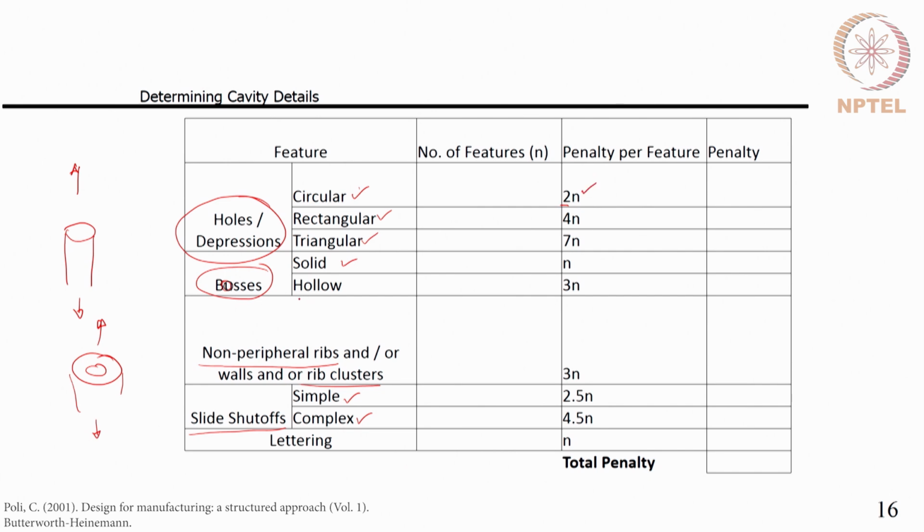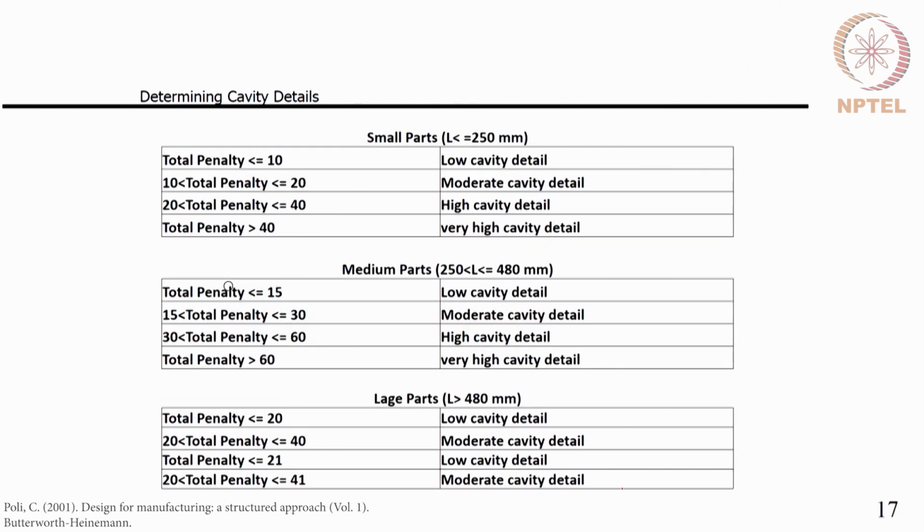But if I have a hollow boss, then it is 3 times the number of such features, and if I have to make a triangular hole, then it is 7 times the number of such holes. Like this I compute the penalty associated with each feature and sum this up to get my total penalty. This penalty value is then used to determine the cavity detail.